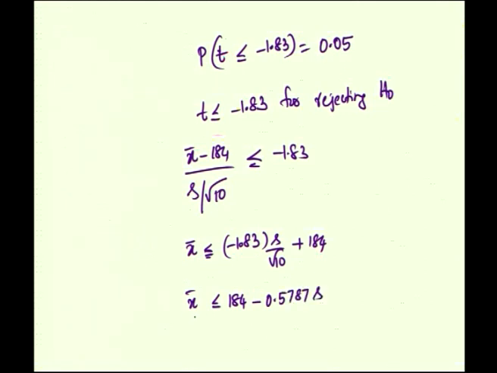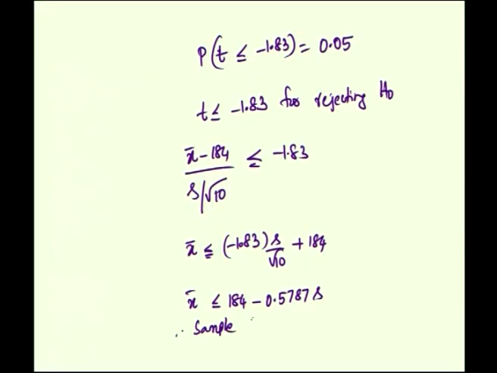So, the sample mean values for which H naught is rejected at 5% level of significance depend on this s.